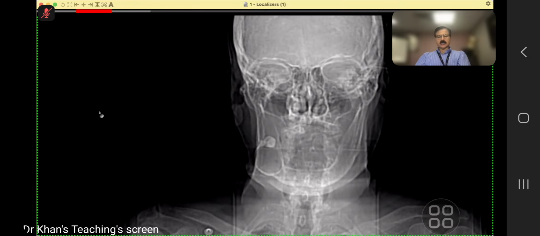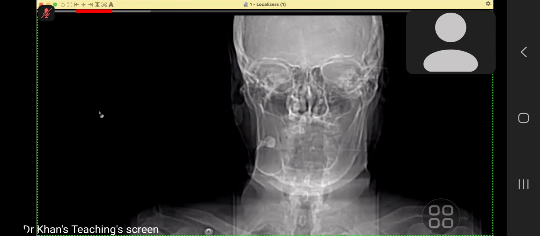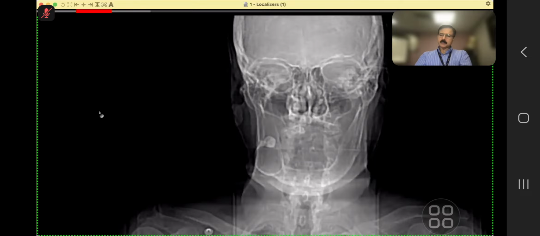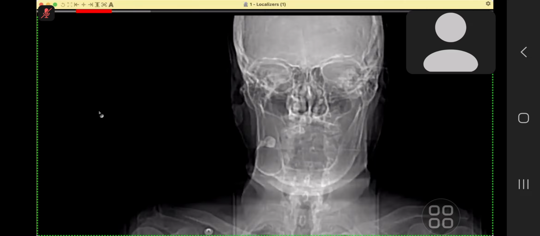What is a periapical cyst? It is related to the root of the tooth. What is your differential diagnosis? Normally in relation to dentition, we see periapical and dentigerous cyst. If the root is involved, then it's a periapical, and if the crown is impacted, it's a dentigerous.